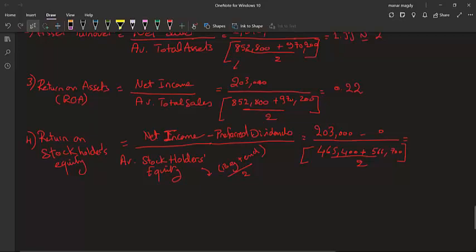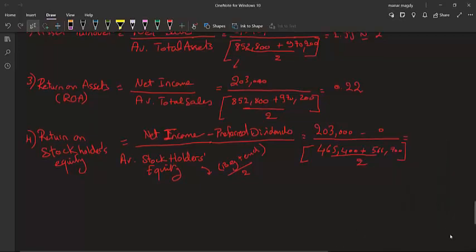The ratio equals 0.39, which means that for each $1 invested in stockholders' equity, it can generate $0.39 of net income. So still, for this ratio, the higher the better.